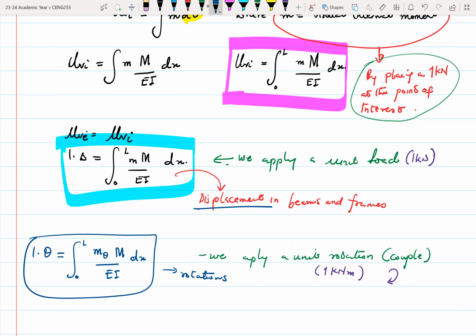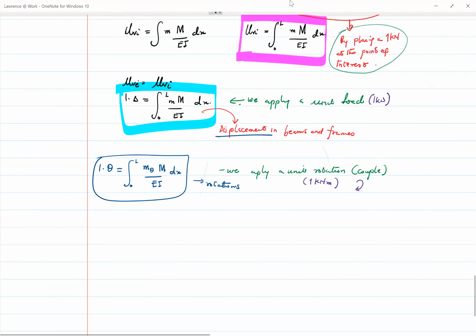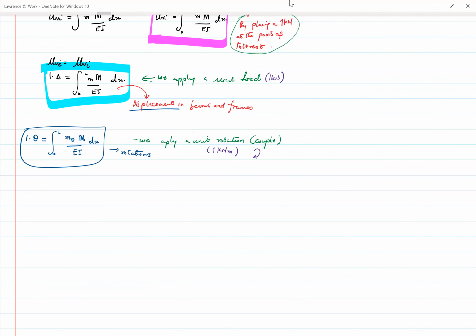Here, the challenge with beams is that the two moments, big M and small m, you need to write them in terms of x, because you are integrating with respect to x. So the moment needs to be developed in terms of x. So let's see an example.